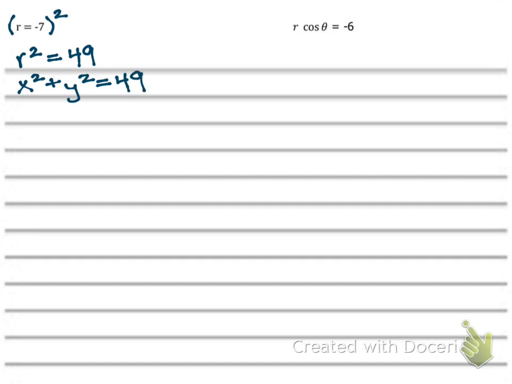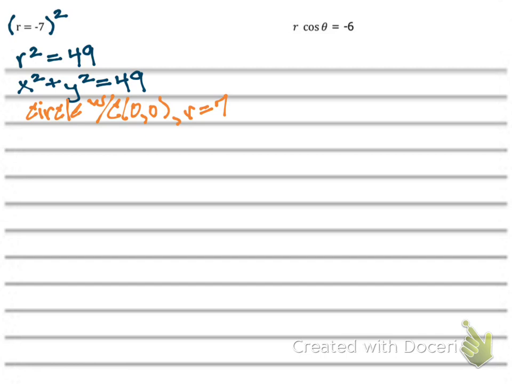And that is the equation of a circle. It has a center at 0, 0, and a radius of 7. Again, Alex isn't going to ask you that.